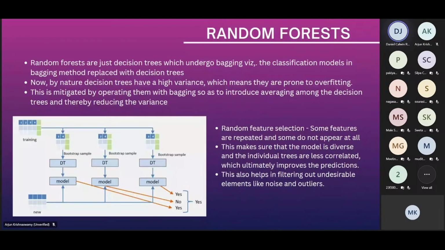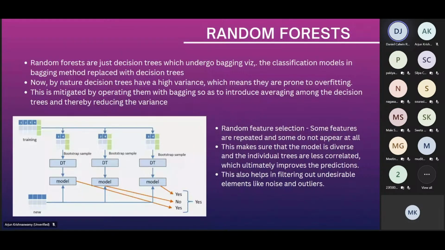So the reason is that decision trees usually tend to have a high variance, which means they are more prone to overfitting. So why is it so? It's due to the nature of decision trees to be usually more complex and of more depth. As Arjun was explaining, whenever we have a lot of features, the depth of the decision tree is going to be ever increasing.